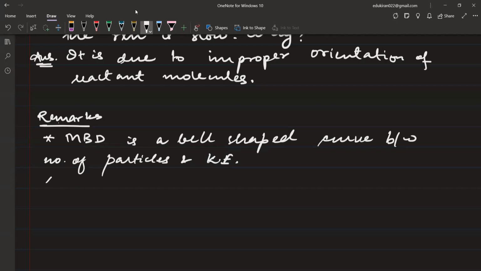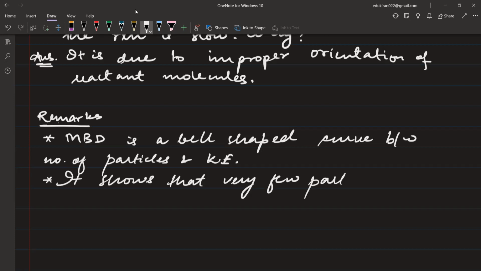It shows that very few particles have kinetic energy greater than threshold energy.